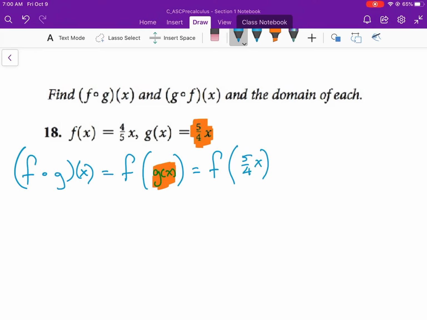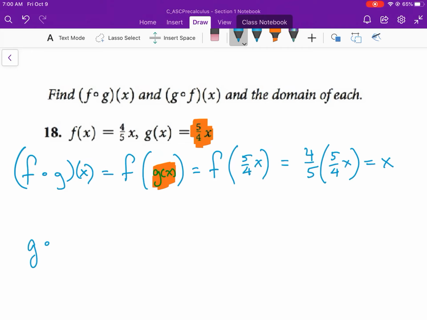Now I'm doing f of 5/4 x. f says to take 4/5 times whatever's in parentheses, and this is 5/4 x. When I do that, I get x. Right, the 4 and the 5 cancel.